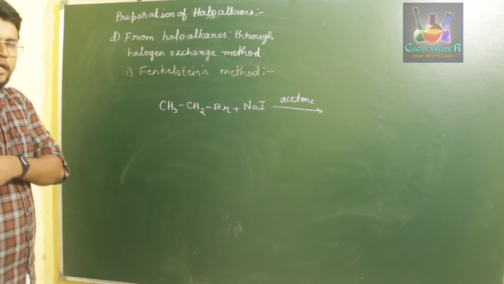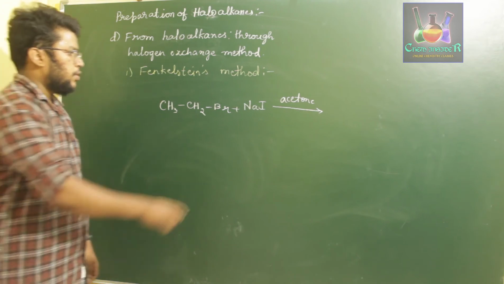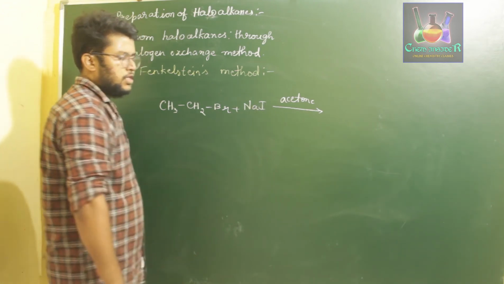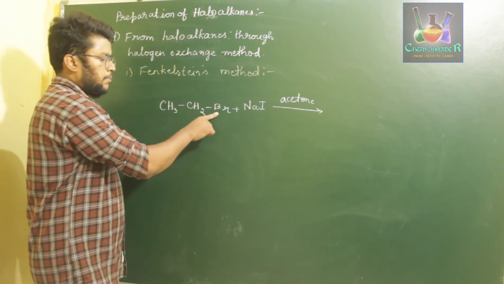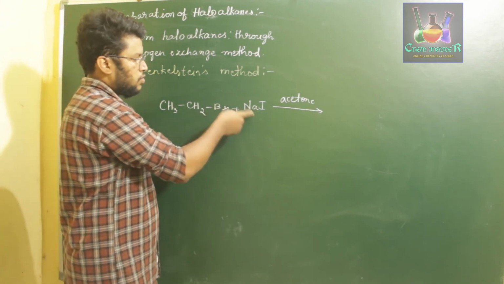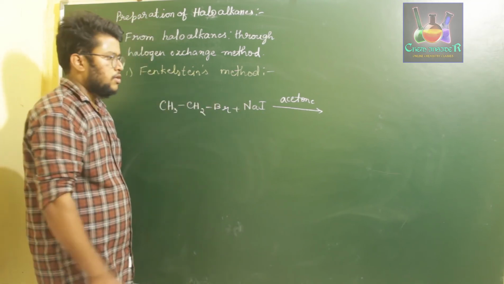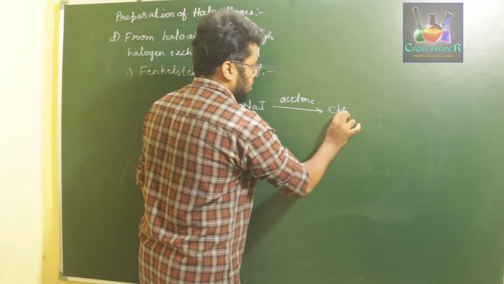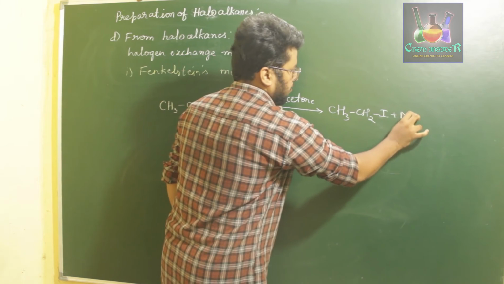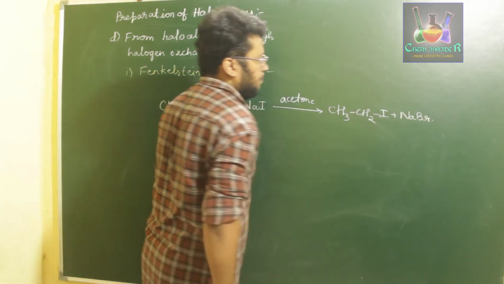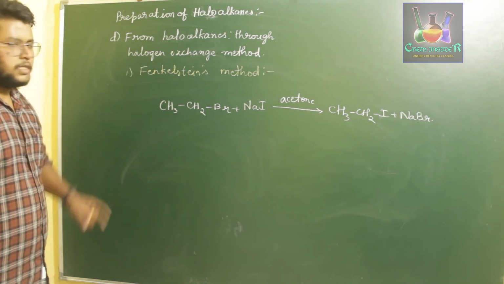So when we treat our haloalkane, especially bromoalkane or chloroalkane, with sodium iodide in presence of acetone, it undergoes an ion exchange, that is, the bromide present in the haloalkane will shift to sodium and the iodine will shift to the alkane, thus giving us CH3CH2I along with sodium bromide. So this is the preparation of iodoalkane using the Finkelstein method.